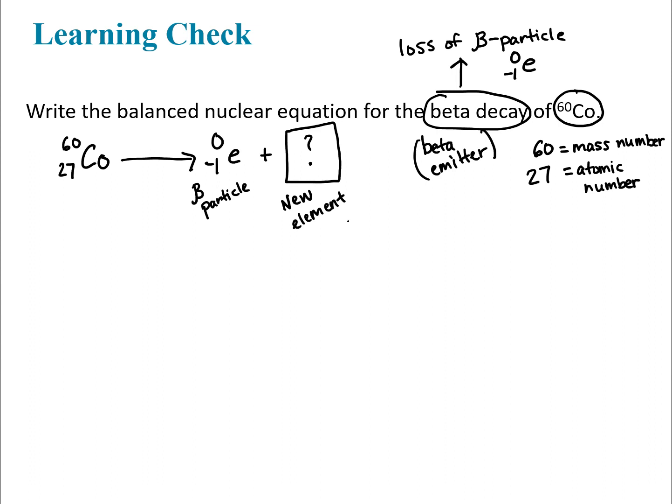For the new element, the mass number remains the same. The atomic number increases by 1.